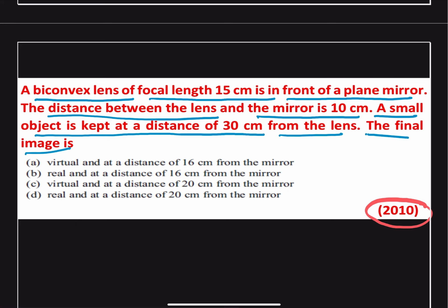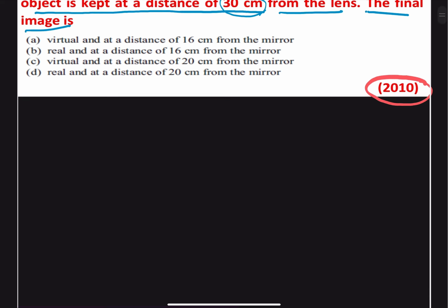And we can just draw an approximate figure for that. And before that, we should keep one thing in mind, that the focal length of the biconvex lens is given as 15 cm and the object is kept at a distance of 30 cm, which is exactly double the focal length. So we can draw an approximate figure.